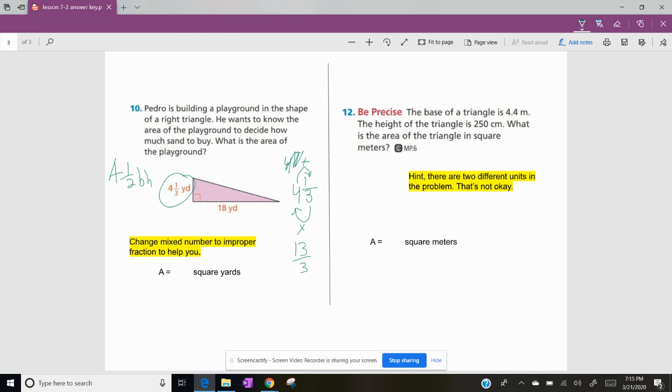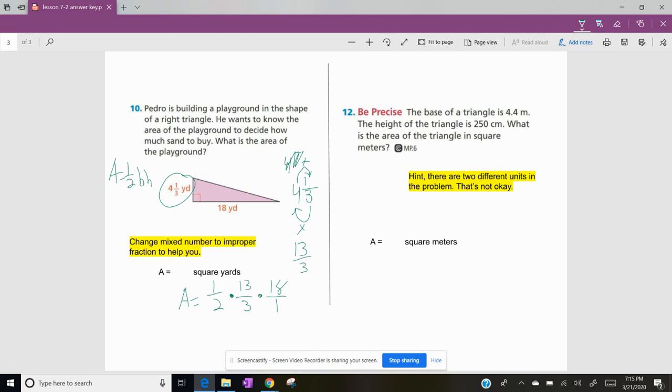So now I could say area equals 1/2 times 13 thirds times 18. To make my life simple, I'm just going to put this 18 over 1.